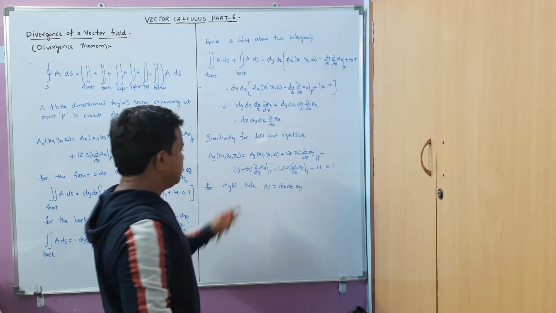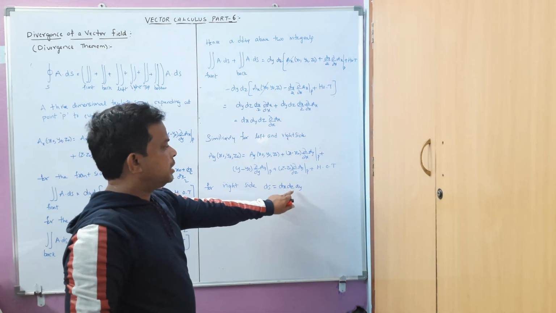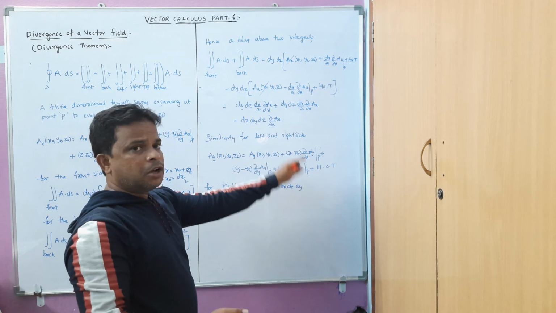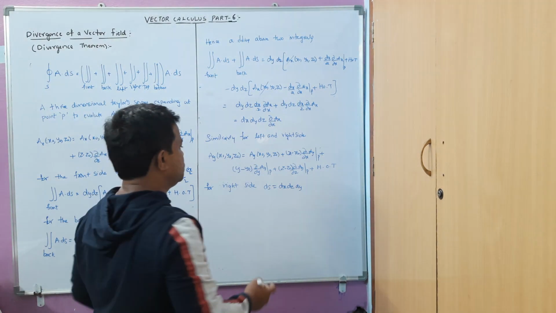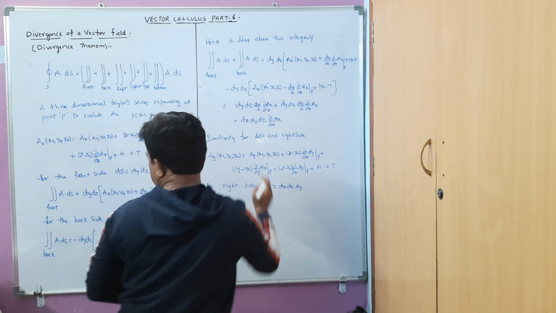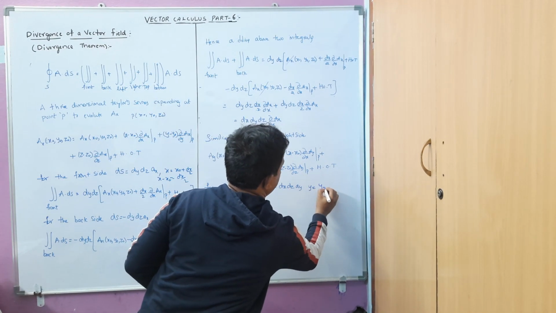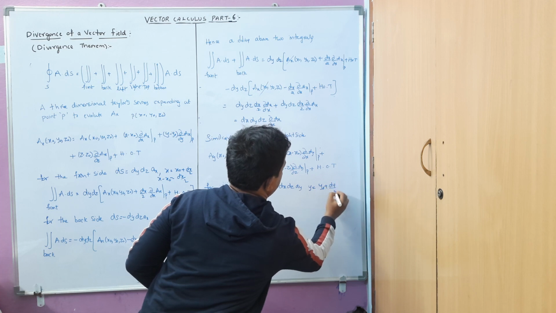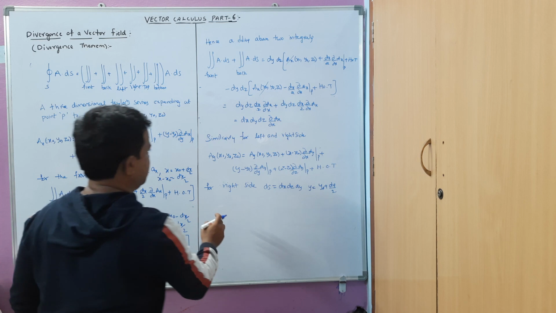Similarly for the left side ds will be dx dz, and the unit vector now will be opposite, that is, for the left one it will be minus ay. And the point here will be y equal to y naught plus dy by 2. Okay, now we have to substitute this in this equation. Let us see what we get here.